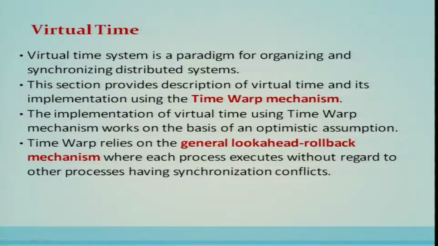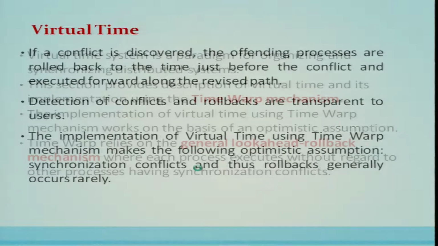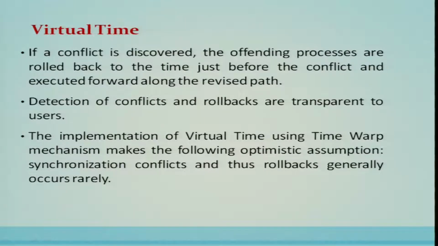Time warp relies on a general look-ahead rollback mechanism where each process executes without regard to the other processes having synchronization conflict. If a conflict is discovered in the optimistic assumption, the offending processes are rolled back to the time just before the conflict and executed forward along the revised path.